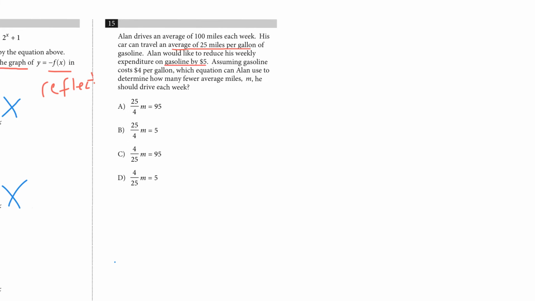Assuming gasoline costs $4 per gallon, which equation can Alan use to determine how many fewer average miles M he could drive each week? So in terms of M, let's take a look at this. $4 per gallon is his cost. So we're going to have $4 per gallon.